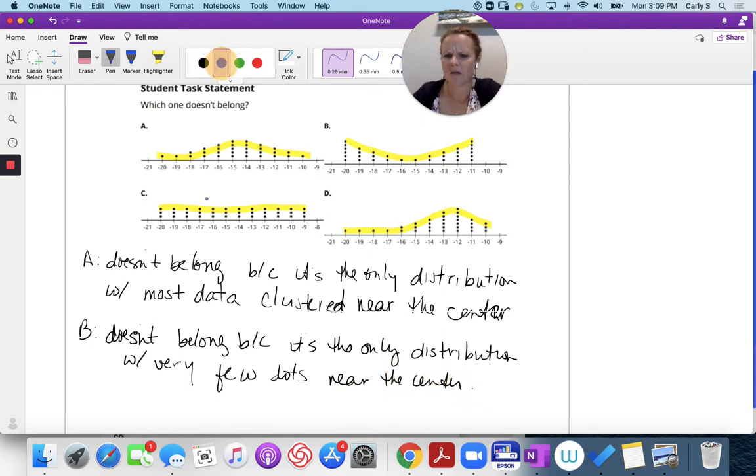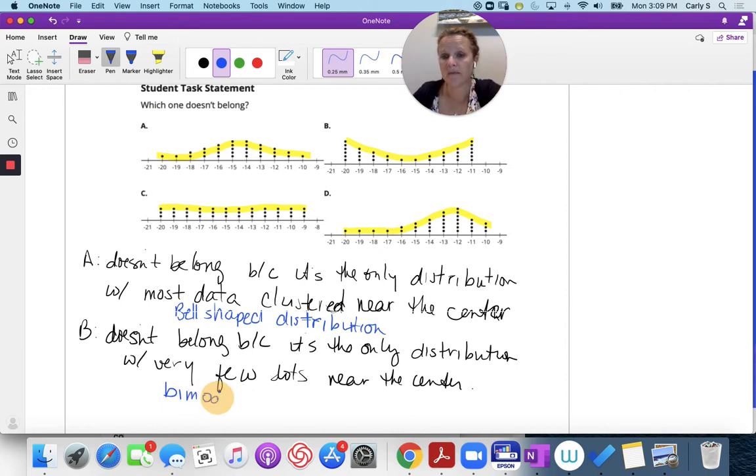All right, I'm going to go back to B. There's a term I want to teach you. It's a bell-shaped distribution. Okay, vocabulary word. And B is actually called bimodal. Bi is a prefix that means two.